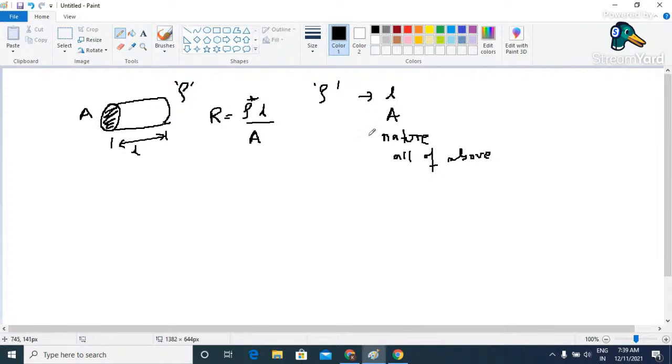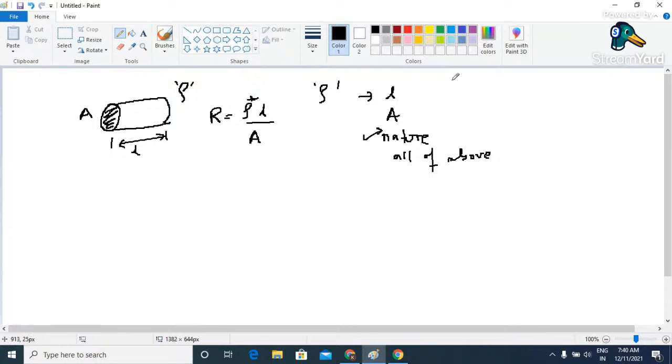The best answer is nature of material, because resistivity does not depend on length, area, or the physical dimensions. It only depends upon the nature of that particular material. Once the material is the same, the resistivity is going to be the same for constant temperature.